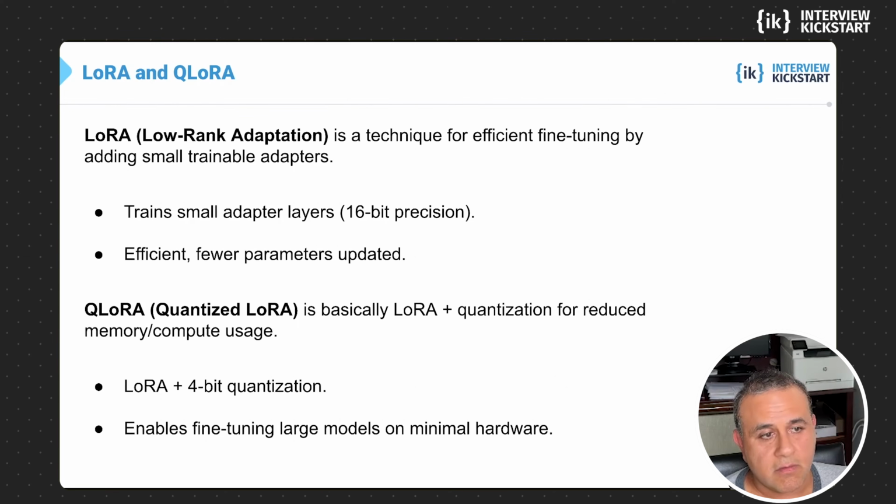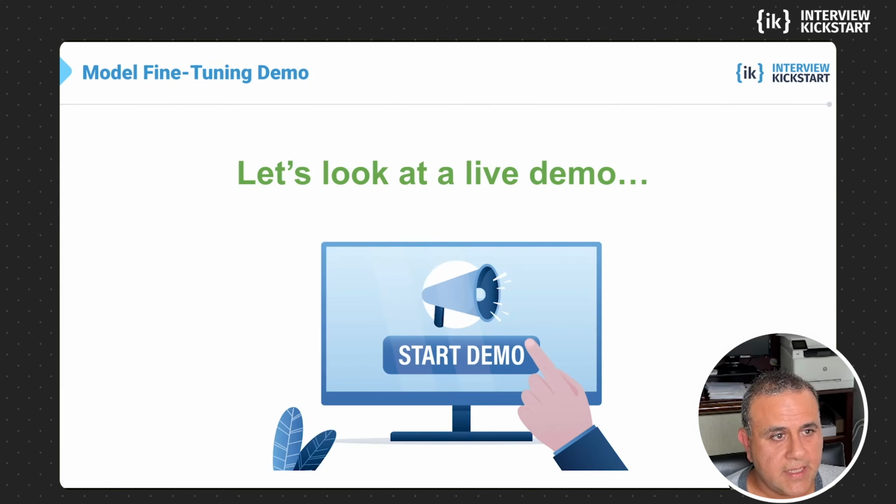You don't need very large GPU hardware. In the demo, I'm going to run the fine-tuning on my local laptop using a Llama model. So you'll see it's a very efficient way to fine-tune a model. With that, let's switch now, and we're going to do a live demo of what fine-tuning looks like.